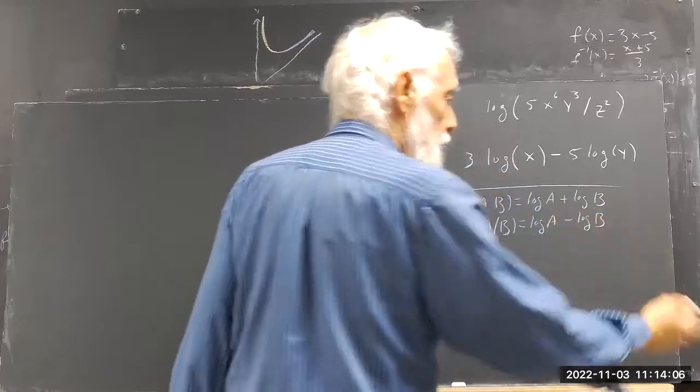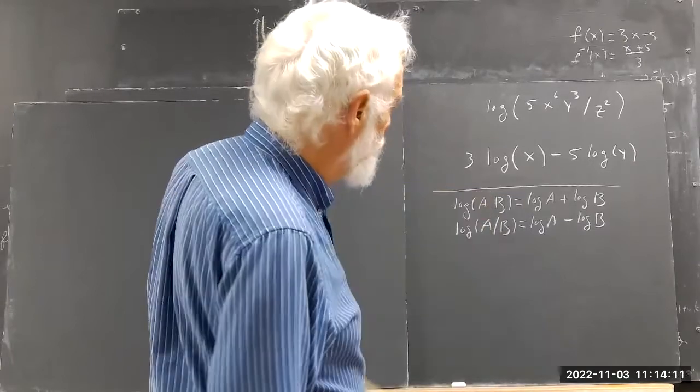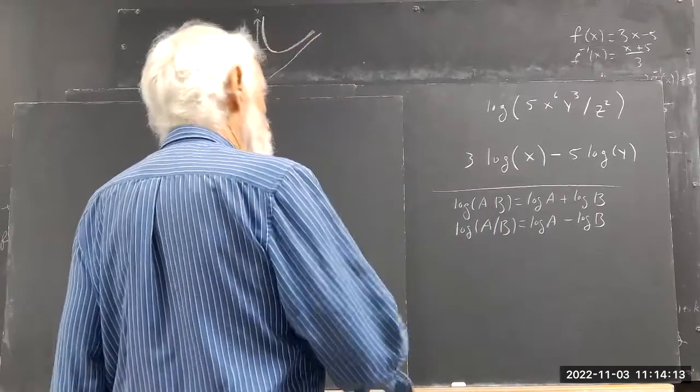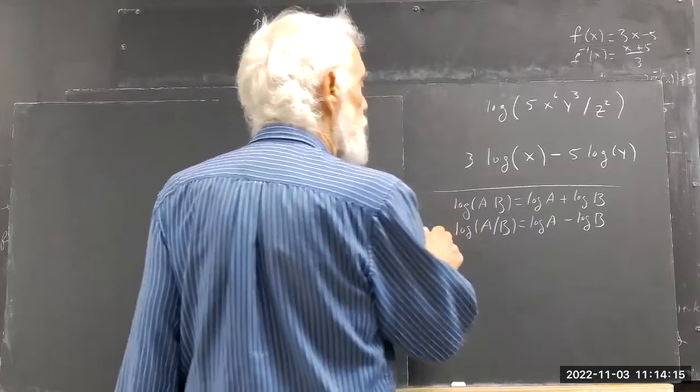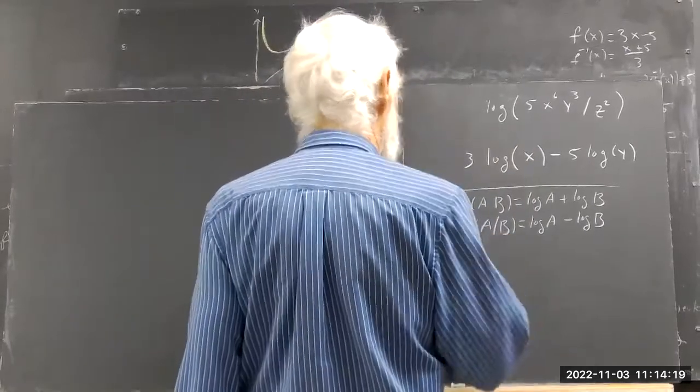If you have the rule for power, this rule is really an instance of this. Once you have the rule for power, anyhow, we use these two rules to simplify this. So first of all, we could use the second rule.